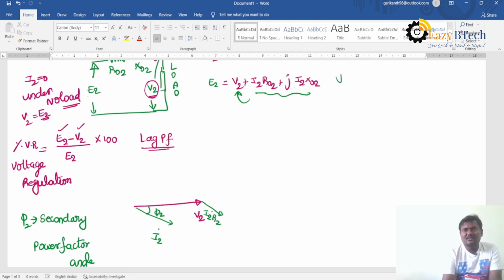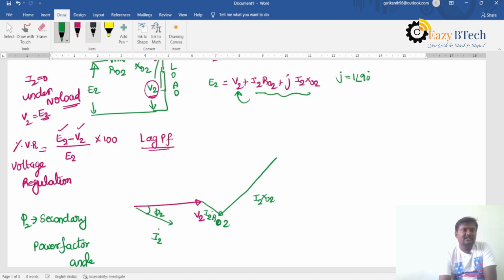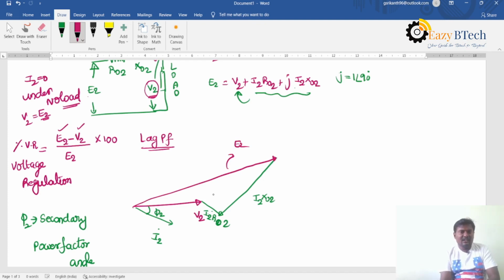And j means 1 at an angle of 90 degrees, so the I2 X02 component is at 90 degrees. We are taking the total resistance referred to secondary. By adding these values, I get E2. Again we check: E2 is equal to V2 plus I2 R02 plus j I2 X02.